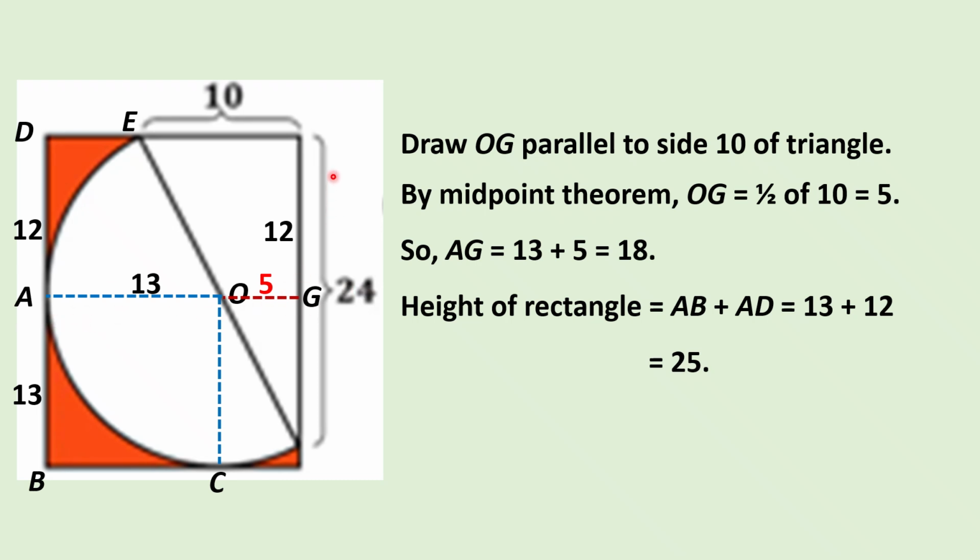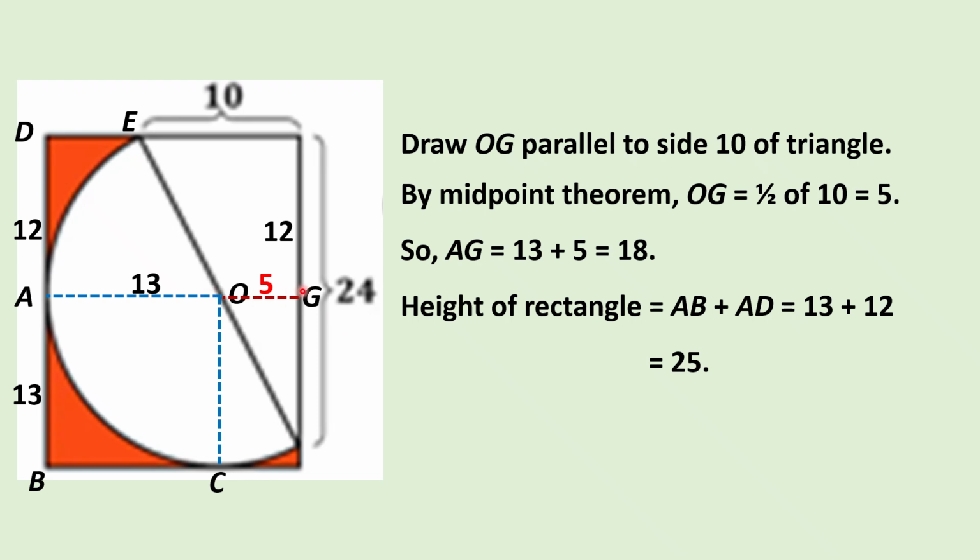Now vertically, the total height. The bottom part, side of the square, AB equal to 13. AD is equal to the distance from the top of the rectangle to G, that will be half of 24, that is 12. The full triangle, the altitude is 24.